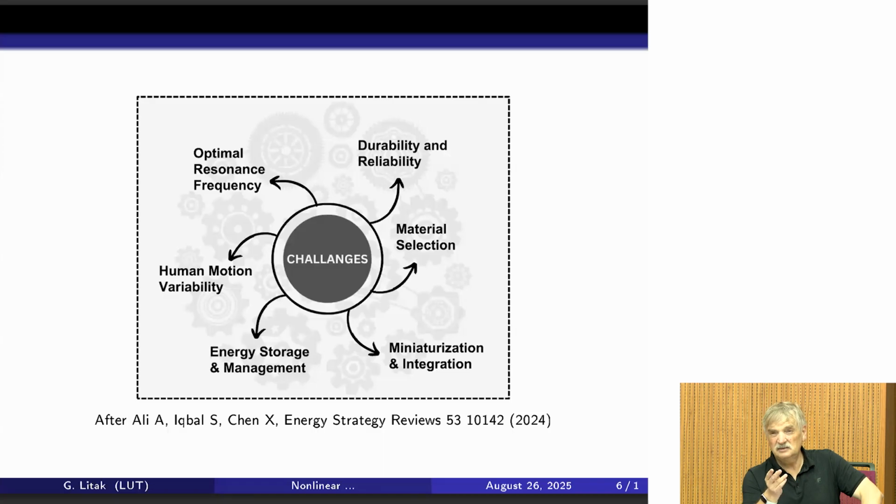So yesterday you had such a presentation on materials. This is very important, not only for the smart material, including piezoelectric, but also the substrate should be properly selected to have a proper stiffness and also properties like magnetic properties, because sometimes we are using electromagnetic energy harvesting, and this is important.